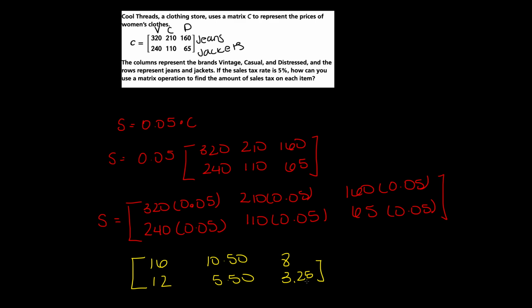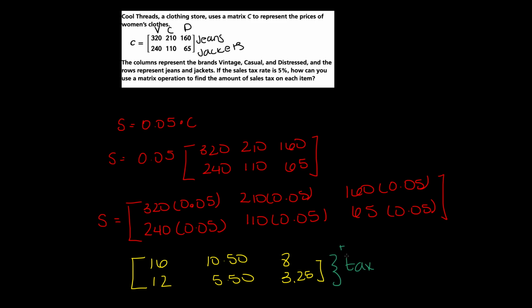So the tax on a vintage pair of jeans is going to be $16, and the tax on the casual jeans is going to be $10.50. So this right here represents tax. And that's what you're going to add on for each one of those.